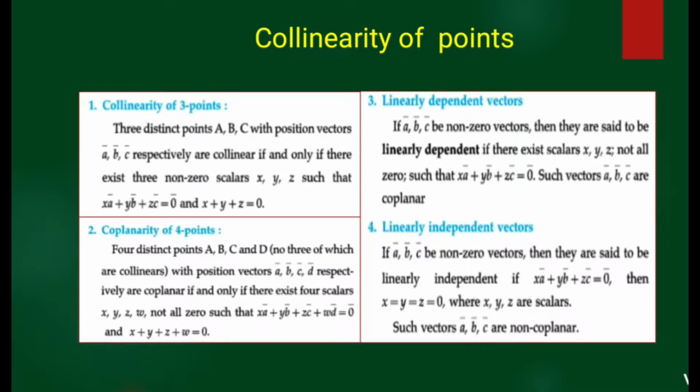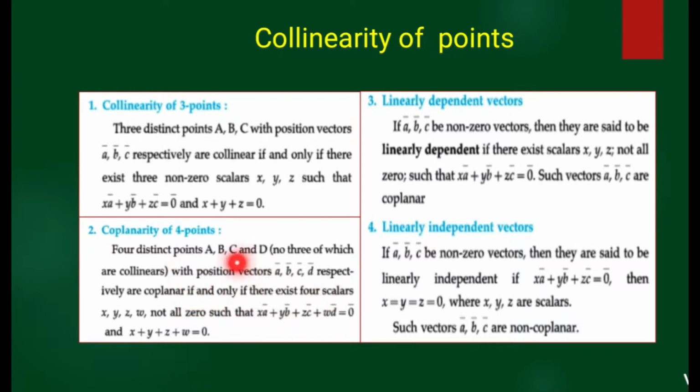In the second case, we consider that none of the 2 vectors are collinear. So here we must remember no 3 of which are collinear, meaning among these 4 points, 3 are not collinear.